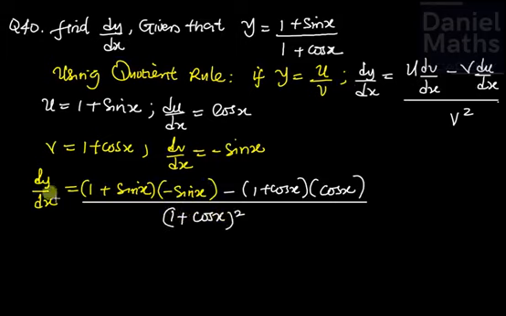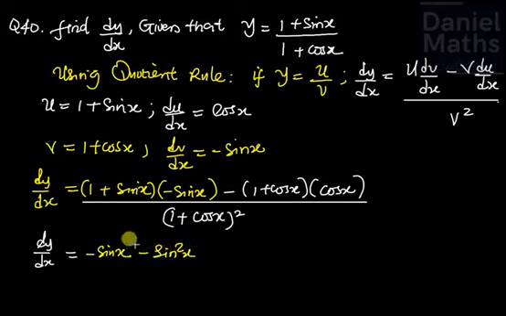If we go ahead, I have dy over dx is equal to, this times this, if I open up this bracket, I have minus sine x, and this times this gives me minus sine square x.